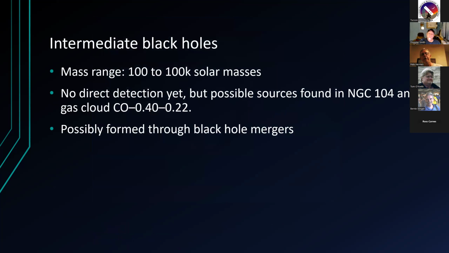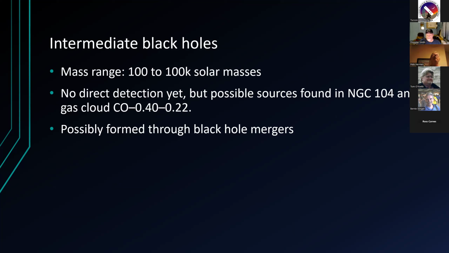Stepping down from supermassive black holes, we have intermediate mass black holes. These are still in the gap of 100 solar masses to 100,000 solar masses. We still don't have any real strong confirmed detections of intermediate mass black holes. We have a lot of candidates, but nothing's been fully confirmed.